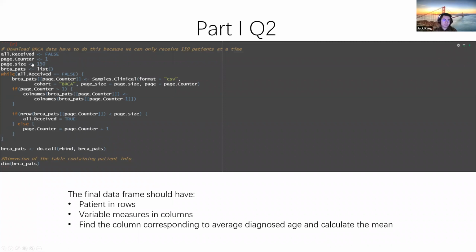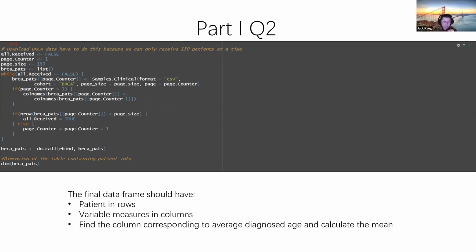I won't explain the details of this chunk of code, but it's just a for loop that extracts 150 patients each time and stores it as an element of a list. Then we use the do.call rbind command to row bind every element of that list to generate the final data frame.